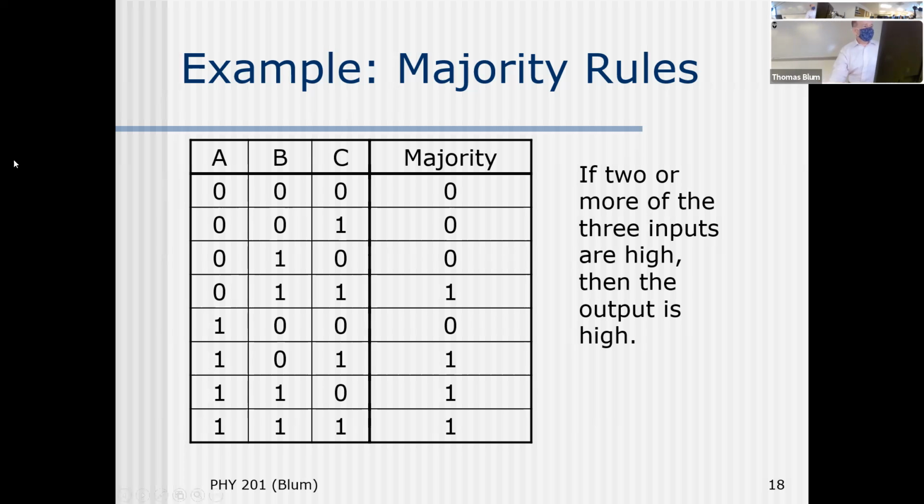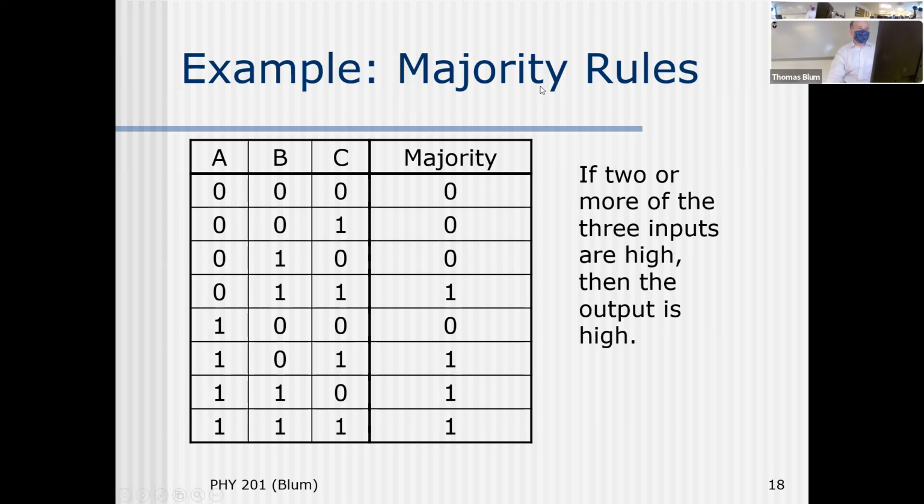So I put all my inputs A, B, C in order: 0 0 0, 0 0 1, 0 1 0, 0 1 1, 1 0 0, 1 0 1, 1 1 0, 1 1 1. That's 0, 1, 2, 3, 4, 5, 6, 7. If C is the 1's place, B is the 2's place, and A is the 4's place. They're not, but I can think of it that way to make sure I have all of my combinations.